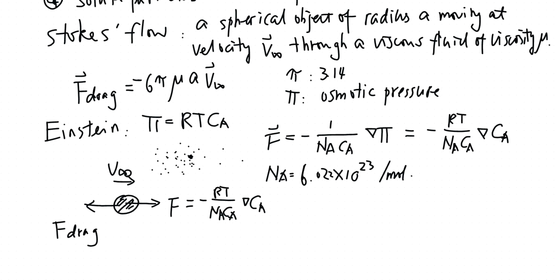So you know that the drag force is to the left. And the force due to the osmotic pressure would be the negative of the gradient, because it's always from higher concentration to lower concentration. That's why we have this force.